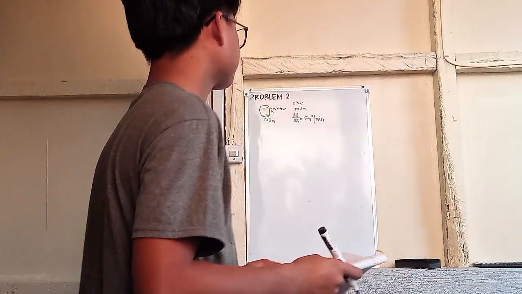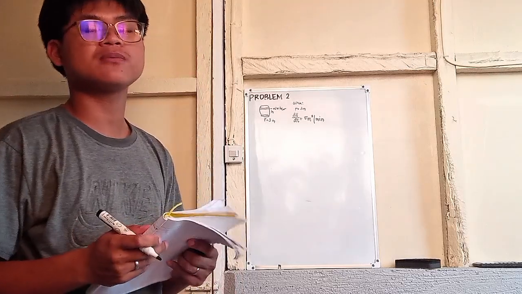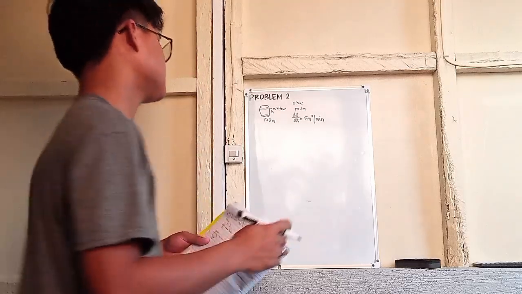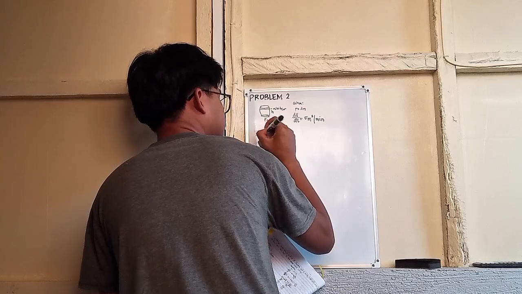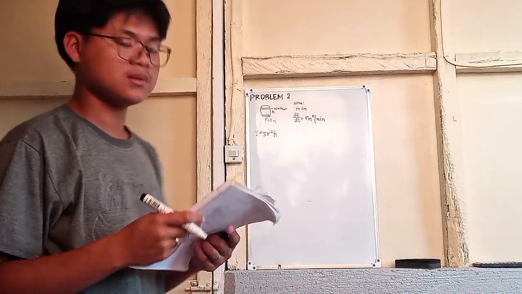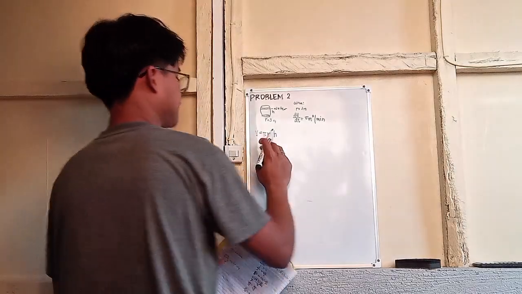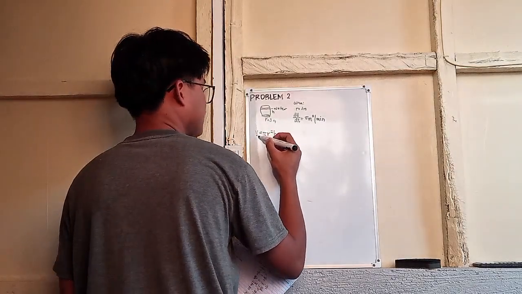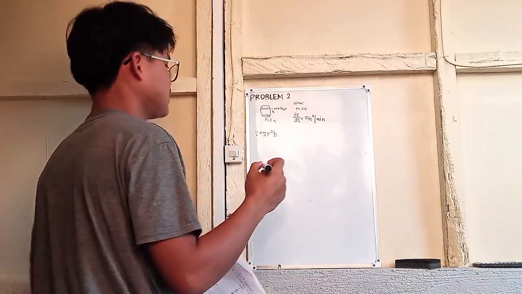Then we all know that the volume of the cylinder is equal to pi r squared h. So first we will differentiate the formula, since r is constant.